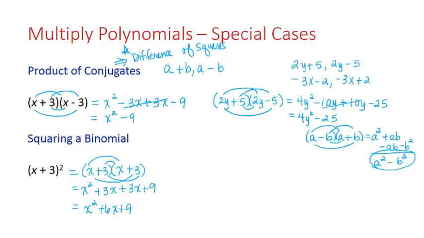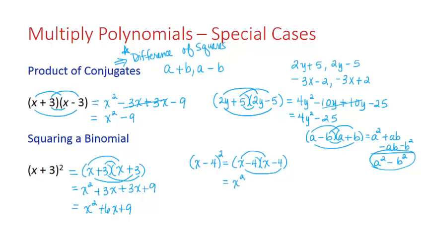Always true, when you square a binomial, you're going to get a trinomial. Look at another one. You have x minus 4 squared. That's x minus 4 times x minus 4. So we would get x times x is x squared.